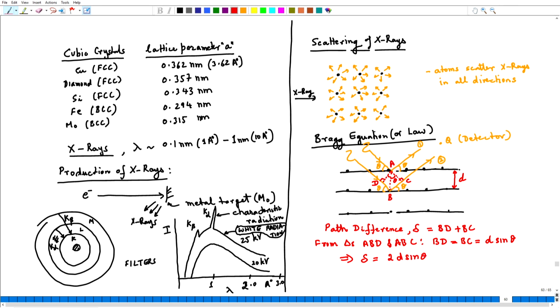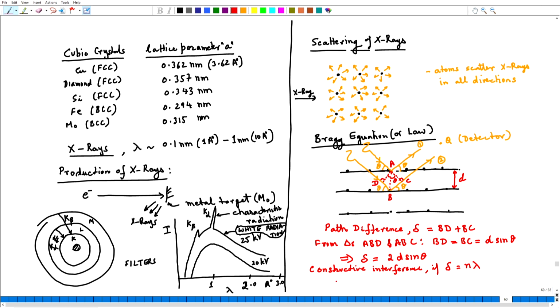Now, from the previous lecture, we know that we would have constructive interference if the path difference delta is an integral multiple of wavelength.